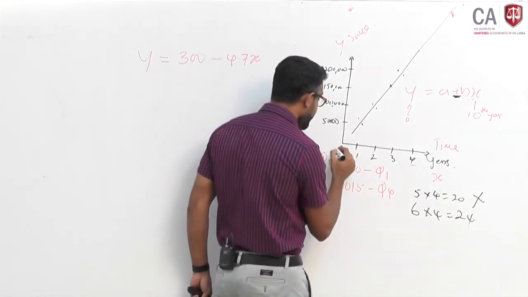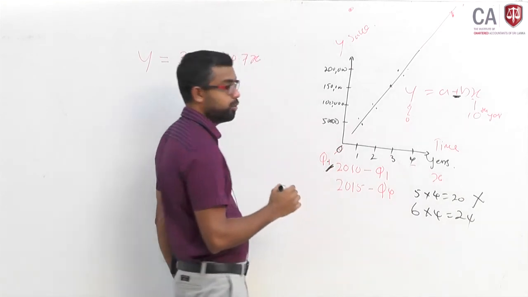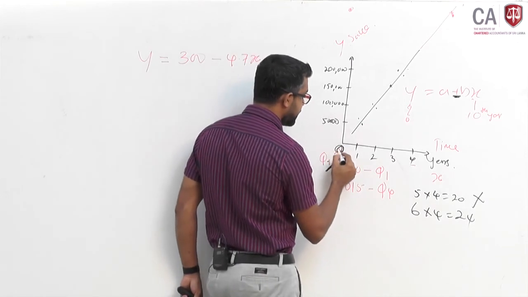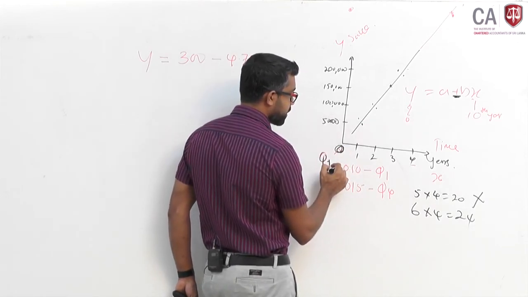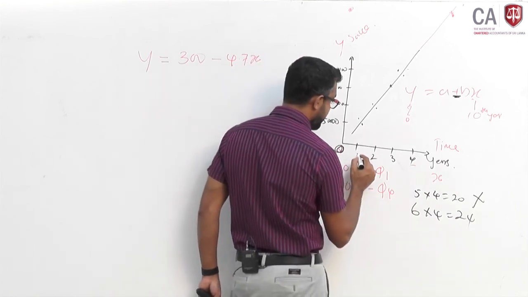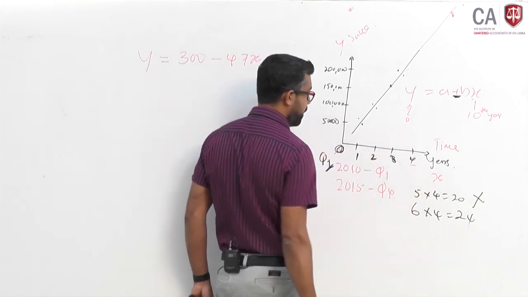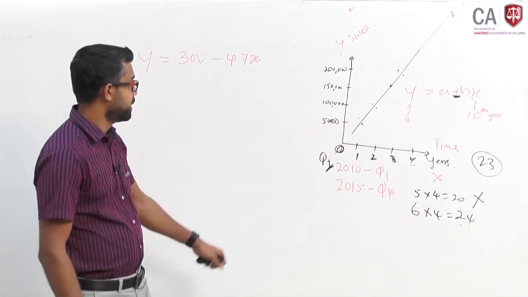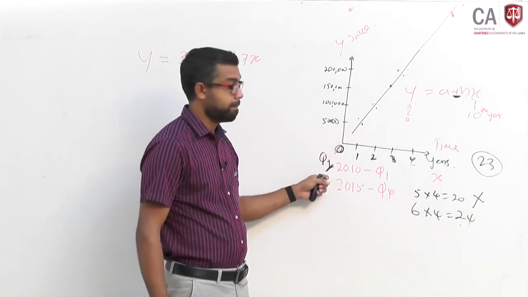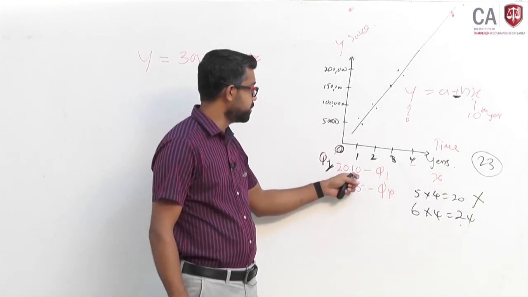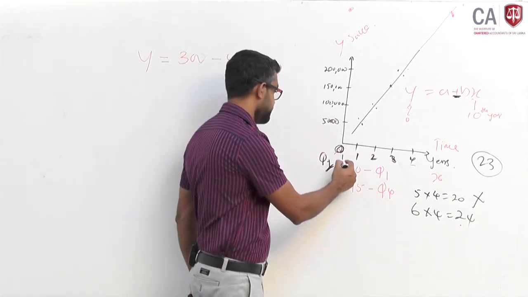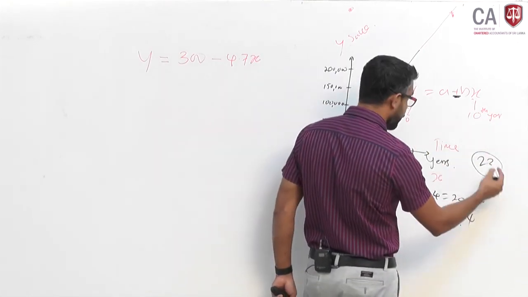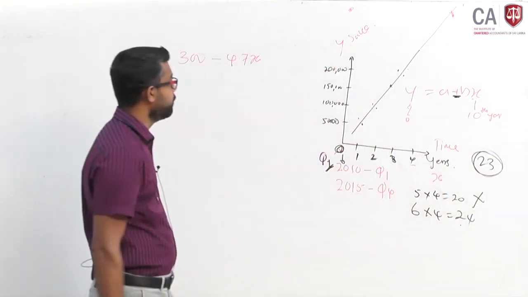Be careful: the beginning is quarter 1, so x equals 0 is Q1. Going 1, 2, 3, 4, the 24th quarter is 23. Understand this: if x equals 0 is Q1 of the first year, then at the end of 2015 Q4 means the 23rd quarter, not the 24th.